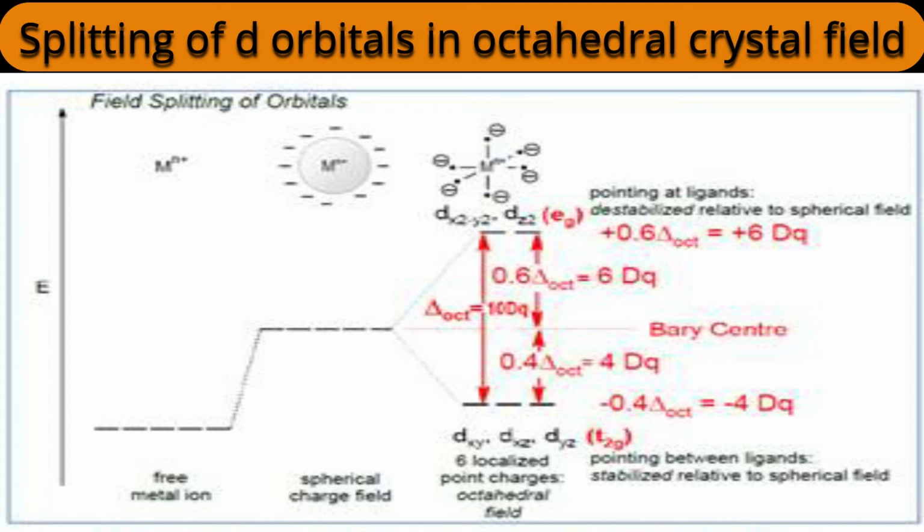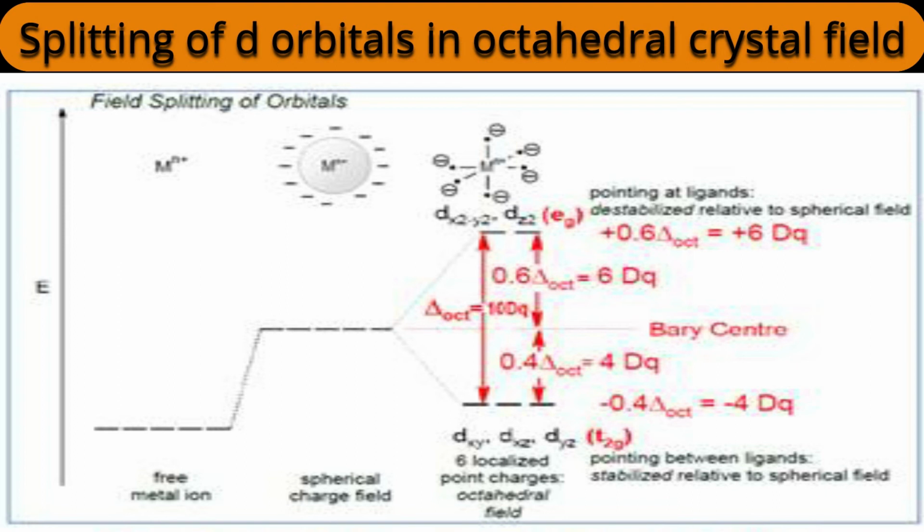The dxy, dyz, dxz triplet is represented by T2g. And upside the doublet is there, the dz square and dx square minus y square orbitals. It is represented by Eg and is elevated by an amount 0.6 delta O. Another way, it can be said as a 6 Dq increase of Eg orbitals and a 4 Dq decrease of T2g orbitals.